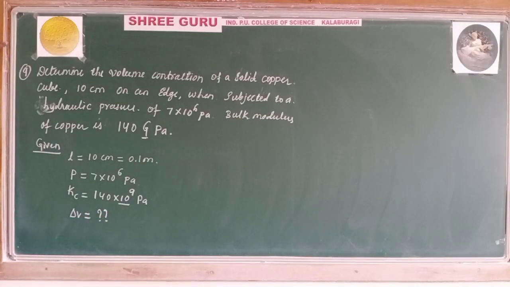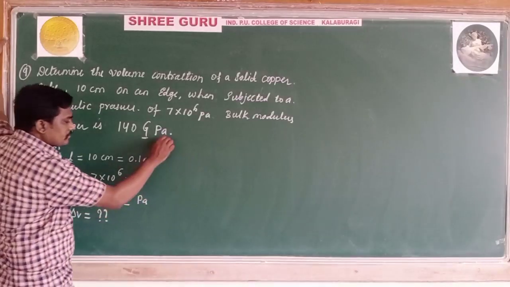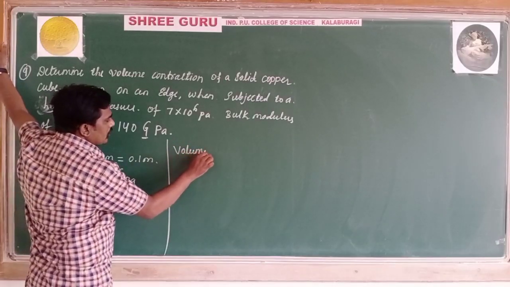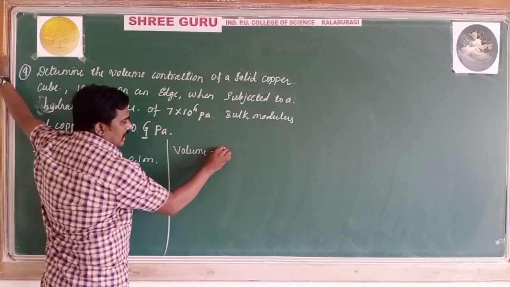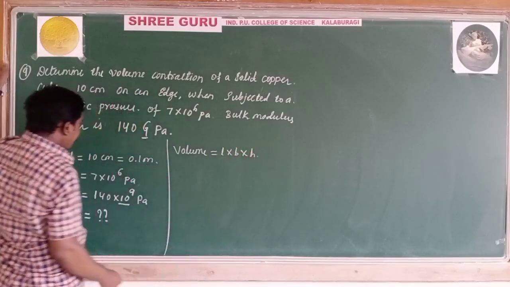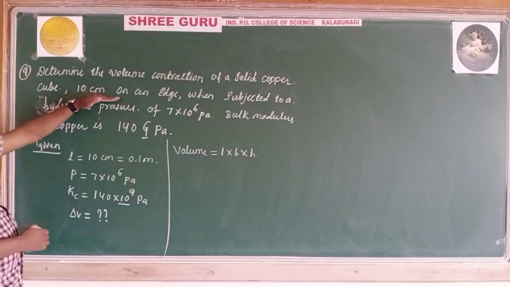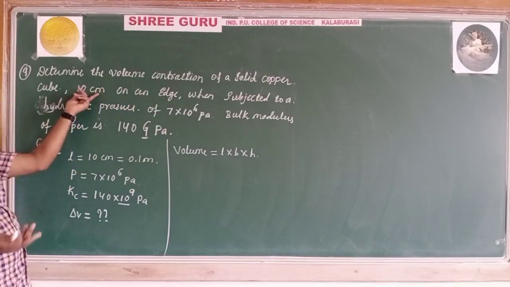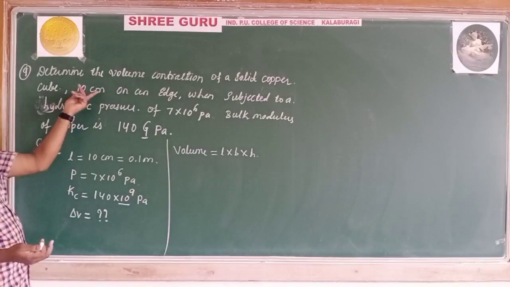How to find the original volume? We know that volume is equal to length into breadth into height. Here it is a cube, which means all sides are equal.